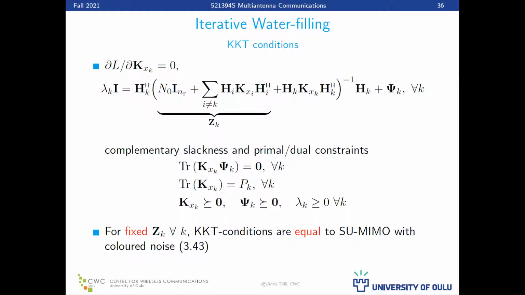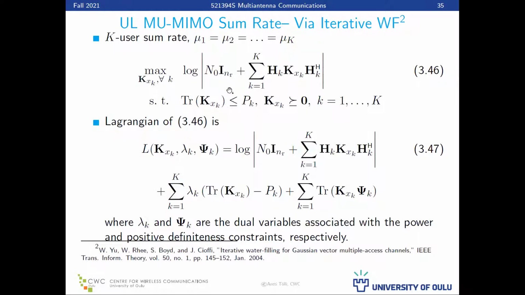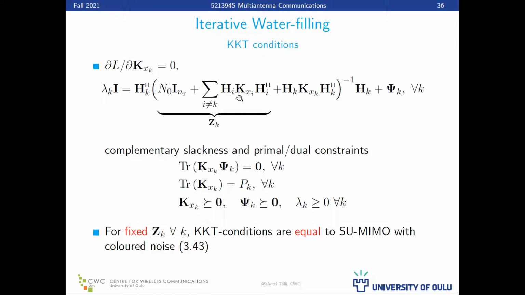And here we know from the optimal solution that assigning any power smaller than PK strictly decreases the rate. So we know that at the optimal solution there should be equality. So we can also claim that one variable has to be 0. This goes to 0. Okay. When this goes to 0, we have a diagonal here. This term becomes diagonal.